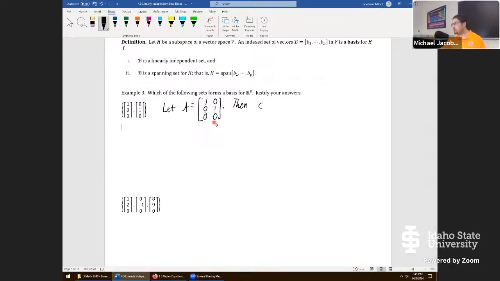You could say Col A is not equal to R3 since there is not a pivot in every row, or we could have just said there's not three pivots. We require three pivots altogether.